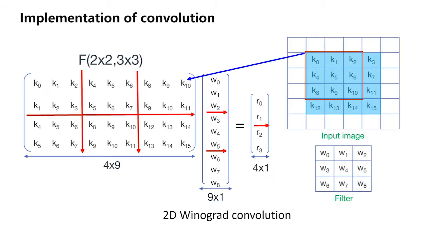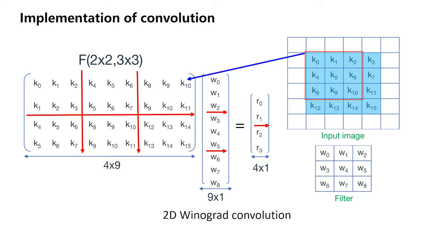Let's see the 2D convolution. The input matrix is K and the kernel is W. The matrix multiplication is this form.